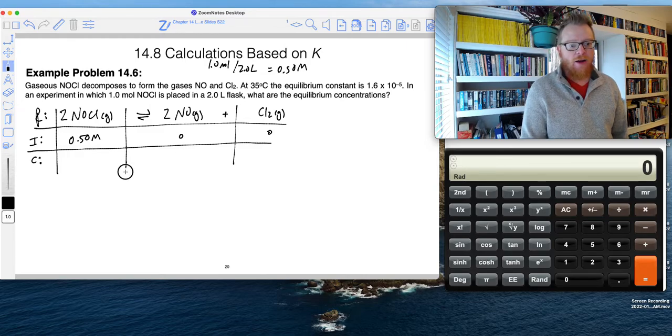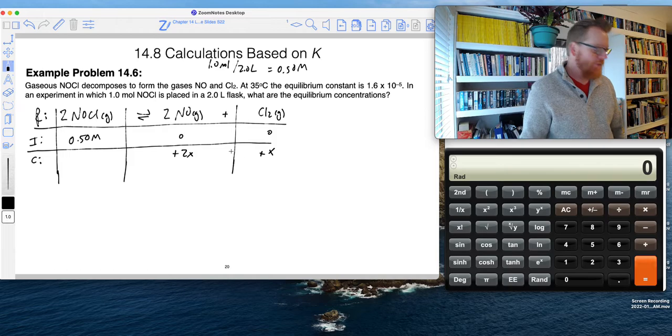Our products have to increase from 0, so they can't decrease from 0. So that has to be a plus X. Maybe you're like, wait, that's got to be a plus 2X because there's a 2 right there. This one's got to be a plus X, and now this one has to be a minus 2X.